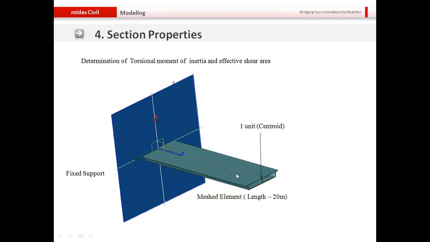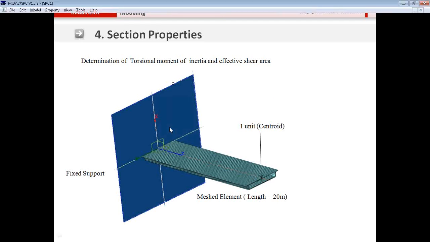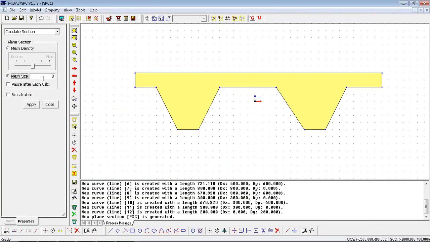If you enter the mesh size, the program will internally create an element having a length equal to the mesh size, apply a fixed support at one end of the element and a unit load at the other end, and then do the analysis and calculate the torsional moment of inertia and the shear areas. This is the use of this mesh size.